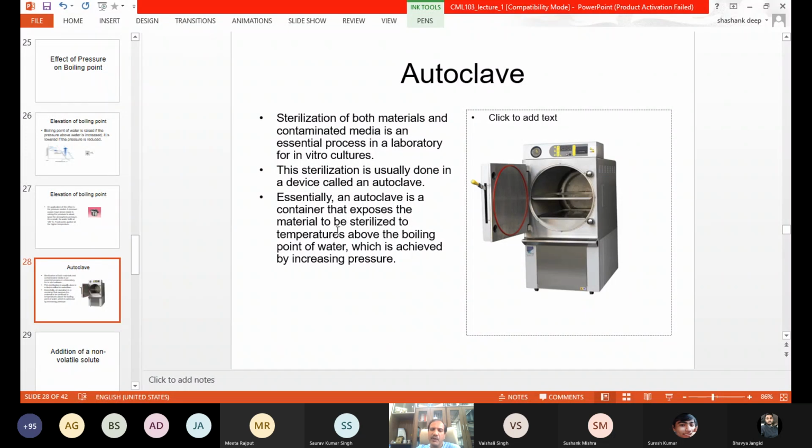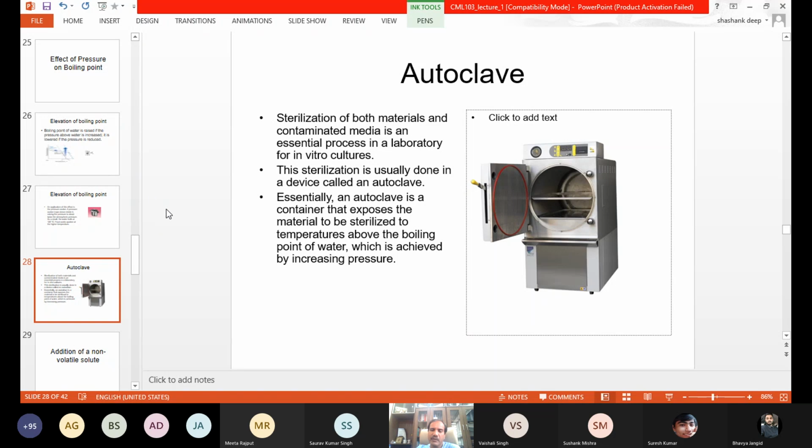So I told you about two different ways to increase or decrease delta G, one through temperature, one through pressure. And then I also discussed how pressure affects the boiling temperature. And similarly, you can also look at the effect of temperature on vapor pressure.